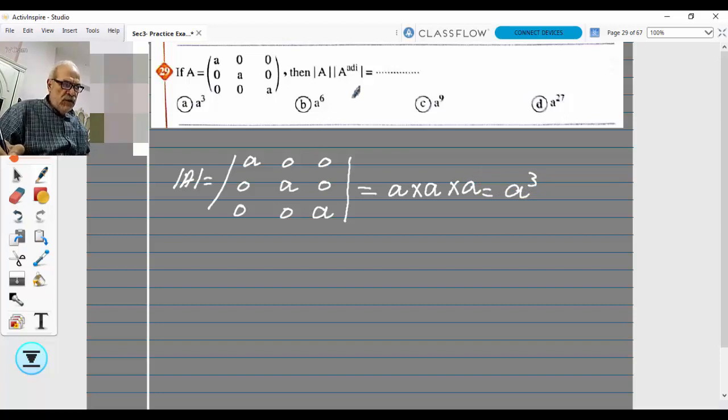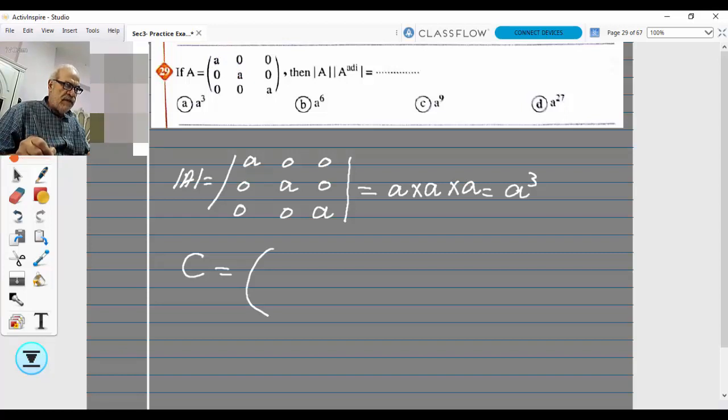How do you get the adjoint of A? First, we will get the cofactors matrix. Cofactors matrix, I'll denote it by the symbol C. What are the cofactors of these elements?